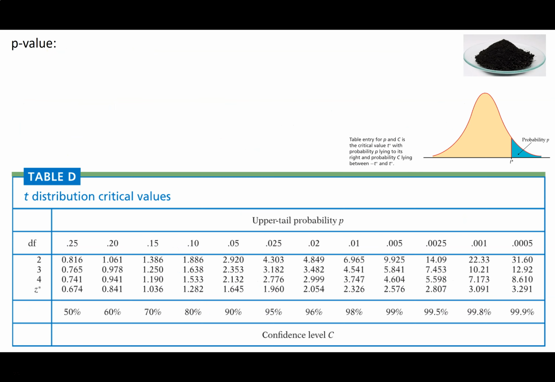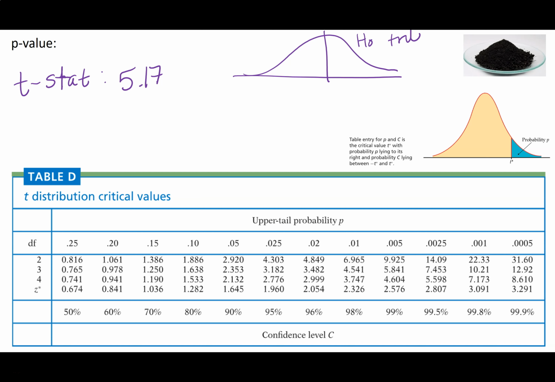So, to my t-table. My t-stat is going to be 5.17. In general, if the null were true, the differences would be 0.